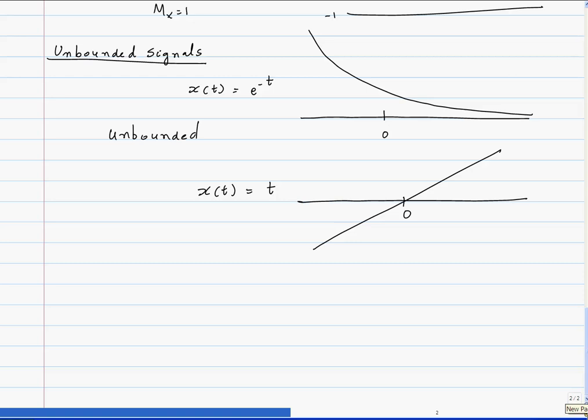Now let's talk about how we can define this notion of a system being stable or unstable. Suppose I have a system.